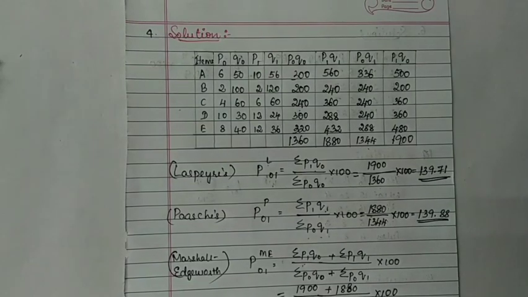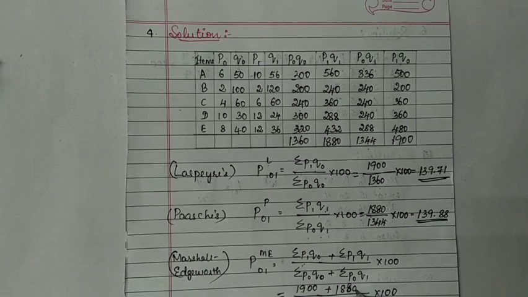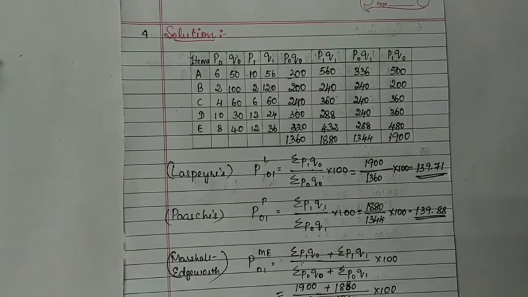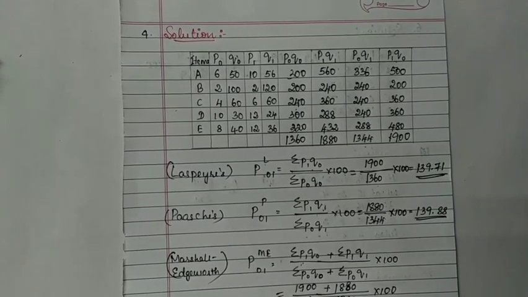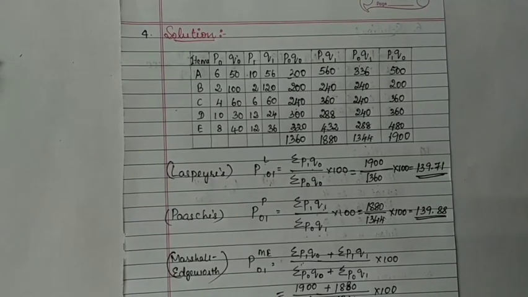And the total is 1900 plus 1880 is 3780 divided by 1360 plus 1344, that is 2704 into 100.